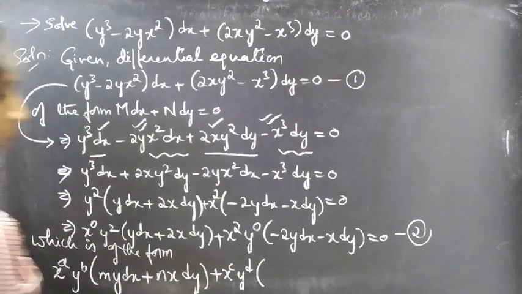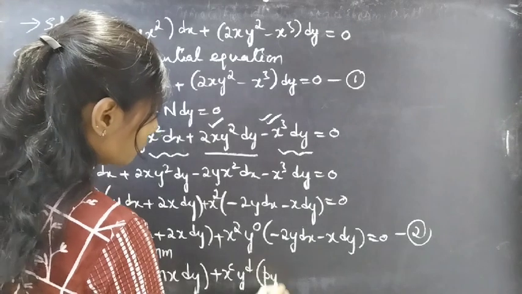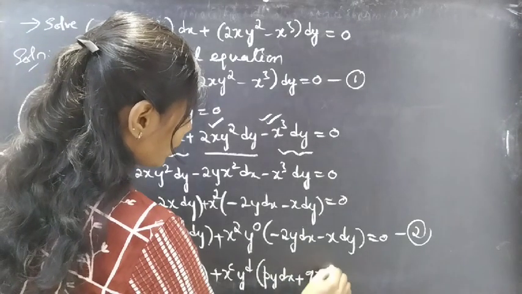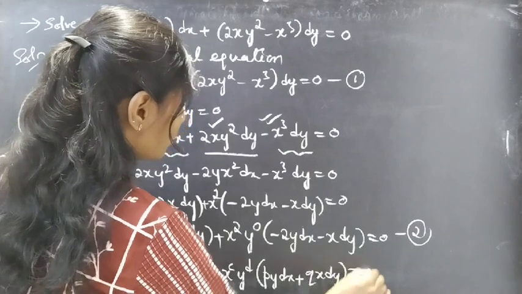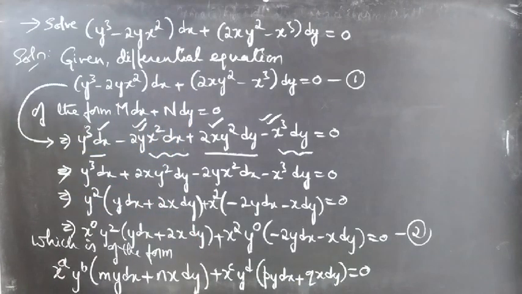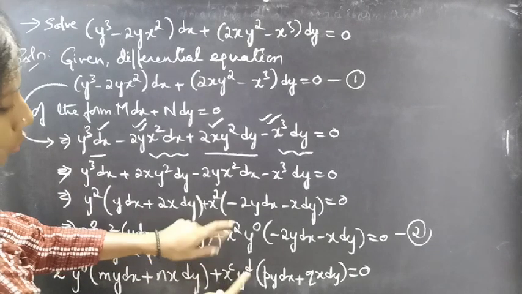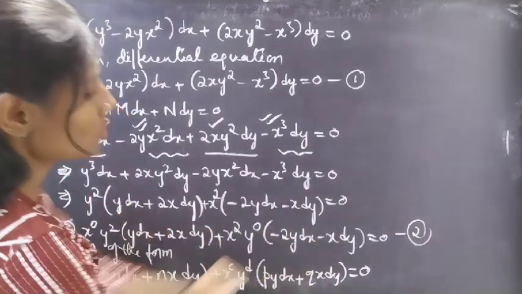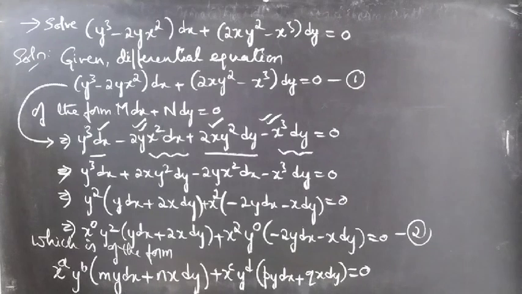Now we'll take p and q, (py dx plus qx dy) equal to 0. Okay, now by comparing these two equations, you'll get the values of constants. A equal to 0, b equal to 2, m equal to 1, n equal to 2, c equal to 2, d equal to 0, p equal to minus 2, q equal to minus 1, which are constants.